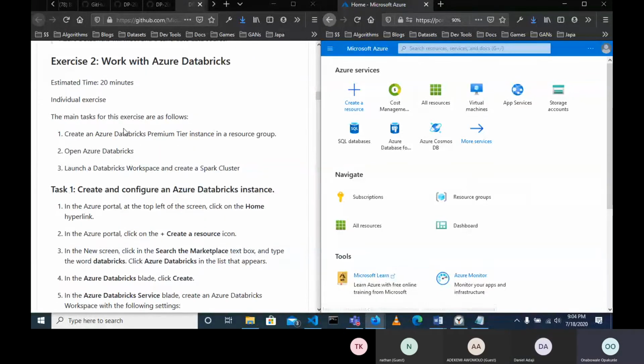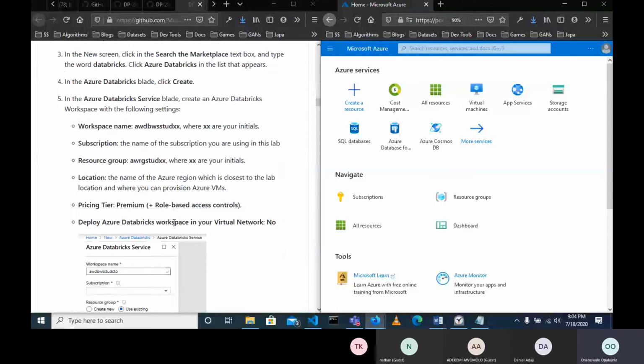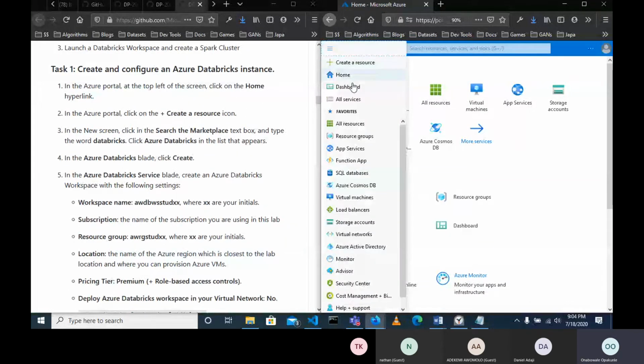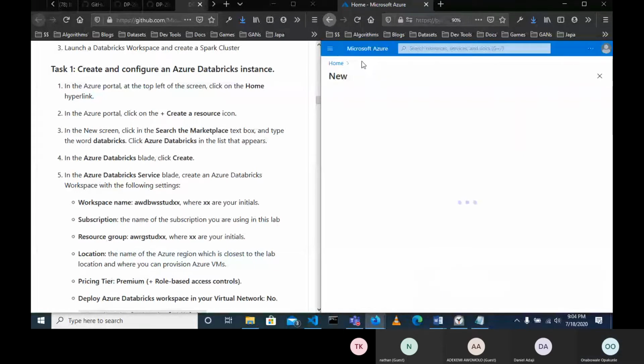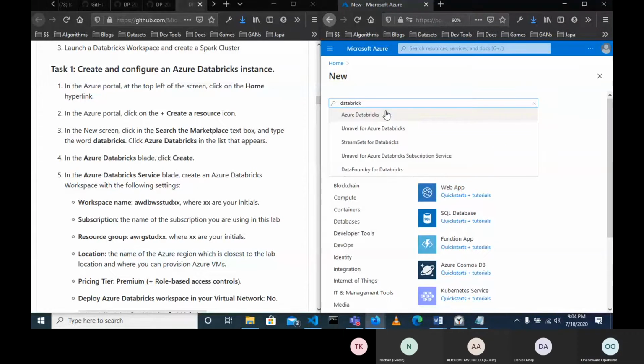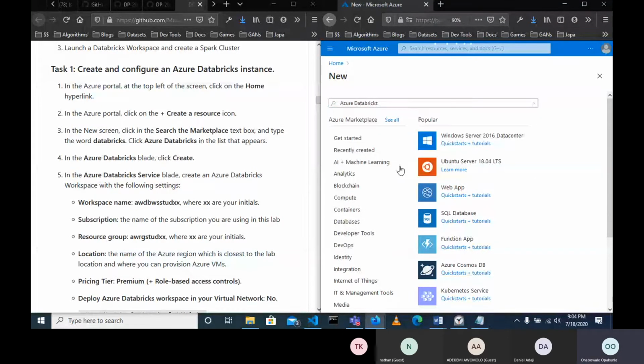We have 20 minutes. So we're going to create a Databricks. We're going straight to task 1. At the top left corner, we're going to click home, create a resource. Databricks, Azure Databricks, Azure.